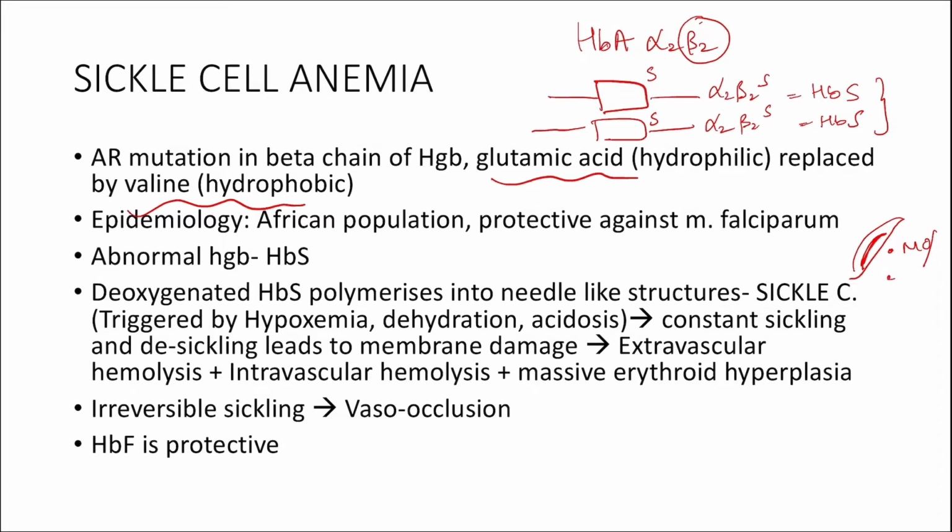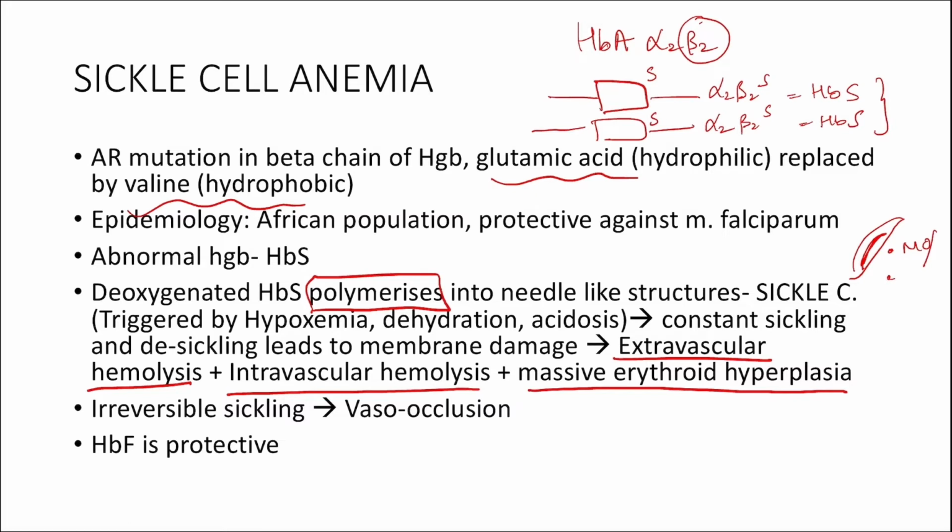Now, we know that basically it's a reversible process. It's just a polymerization. It's not the formation of a covalent bond. So when it's deoxygenated, it polymerizes. When it's oxygenated, it goes back to normal. Now, because of the constant sickling and unsickling, the membrane would just have damage, and over time you would have the increased risk of extravascular hemolysis as well as intravascular hemolysis, and as a result you'd have a massive erythroid hyperplasia.